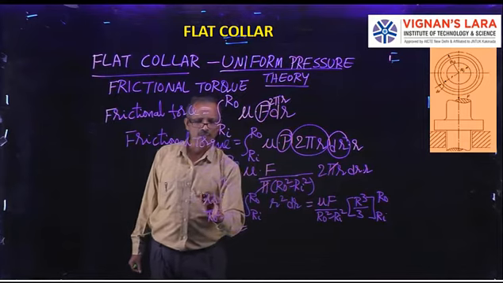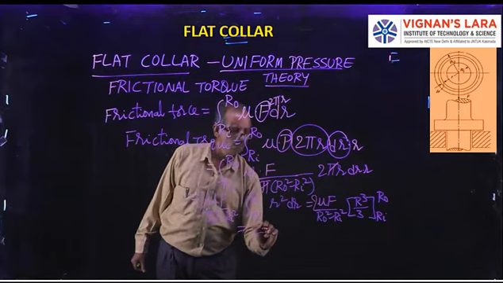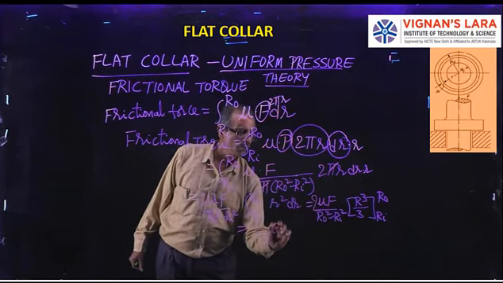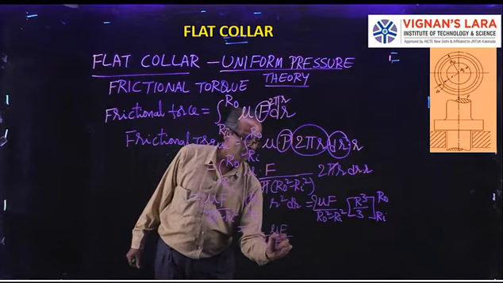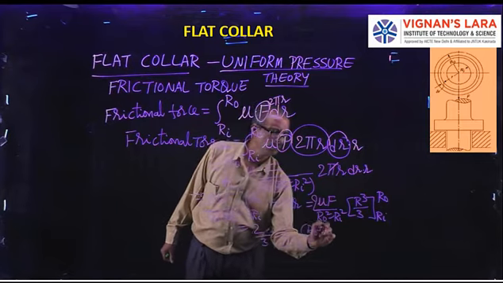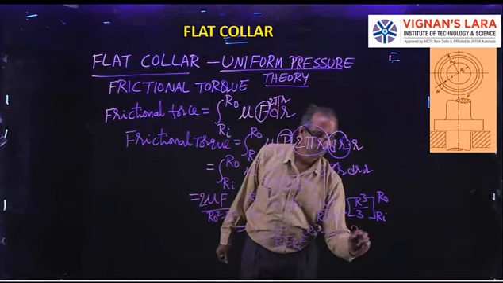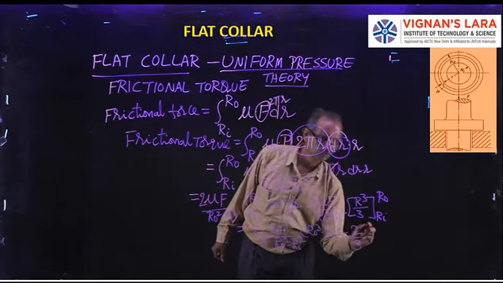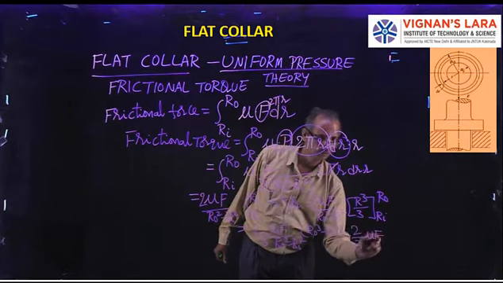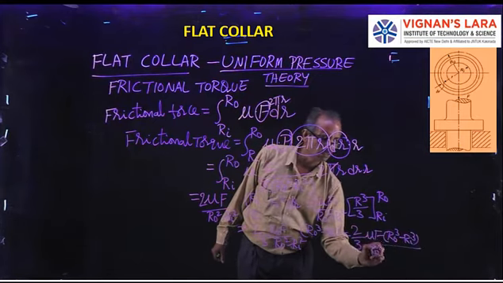Here 2 also has to be taken outside. So 2 by 3 mu F into (r naught cube minus ri cube) by (r naught square minus ri square), which gives 2 by 3 mu F into r naught cube minus ri cube by r naught square minus ri square.